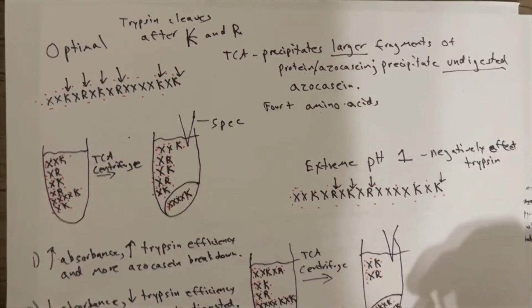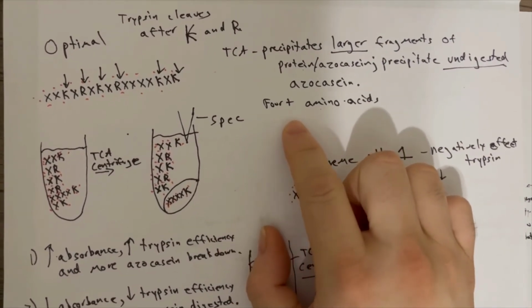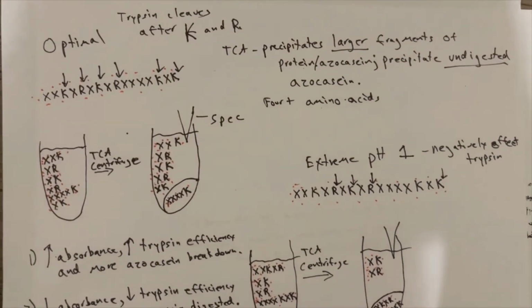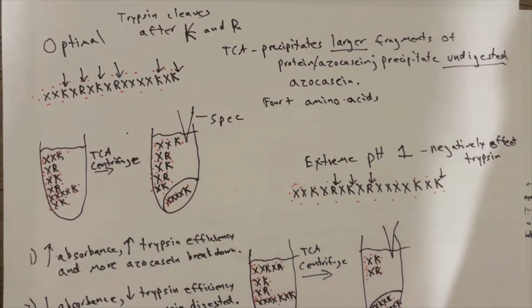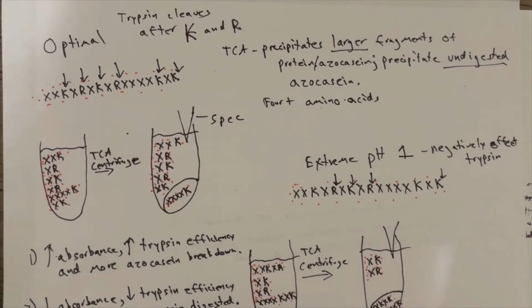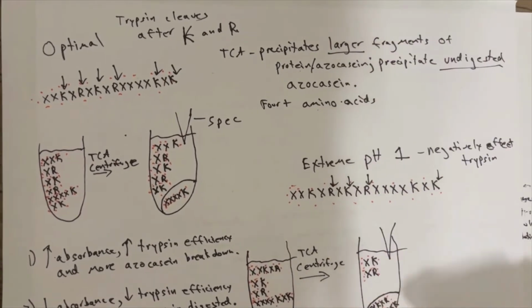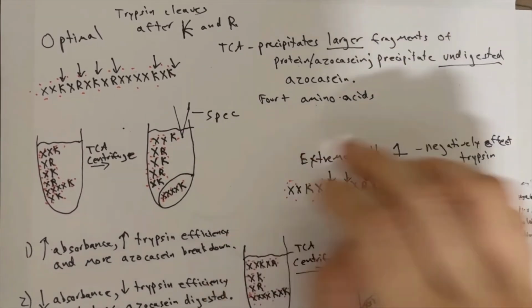And the last thing I want to mention is that in this example, I am assuming, again, that TCA is capable of precipitating fragments of 4 amino acids in length or higher, whereas that very well might not be the case. I don't actually know what fragment lengths TCA is capable of precipitating, but the concept, regardless, remains the same.